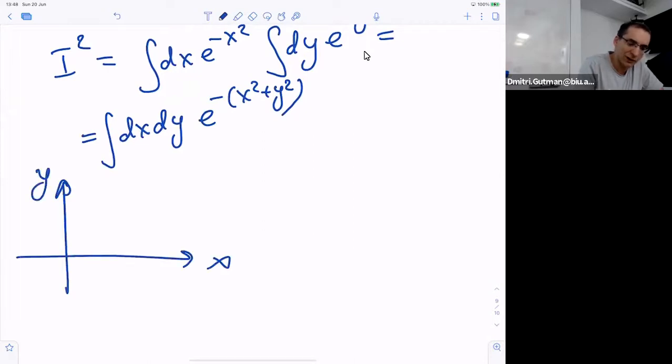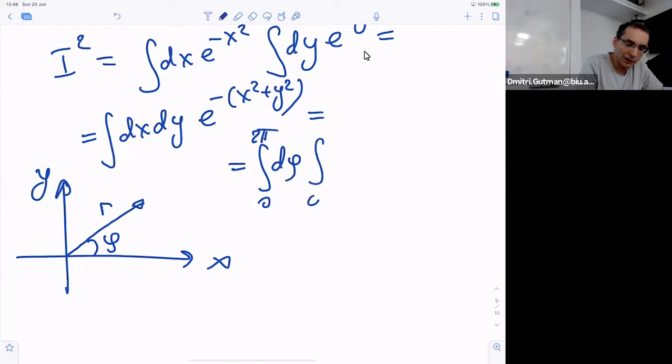X and y are coordinates, and let's go into the polar variables. So let's define polar variables: now it will be an angle phi and radius vector r. So this will become an integral over d phi from 0 to 2 pi, and the integral from 0 to infinity r dr, exponent of minus r squared.